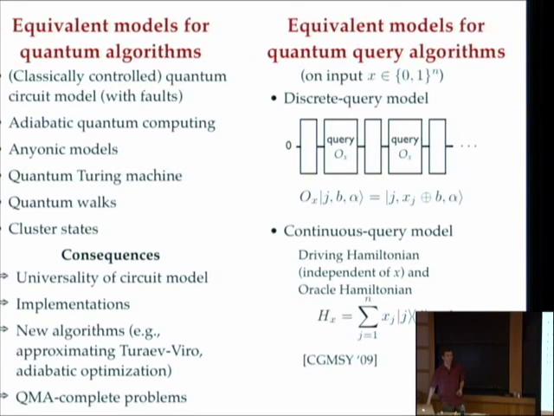So does this get a result for general Boolean formulas that wasn't done before? Yes, so another of the corollaries will be optimal or near optimal quantum algorithms for all sorts of formula evaluation problems that wasn't known before.